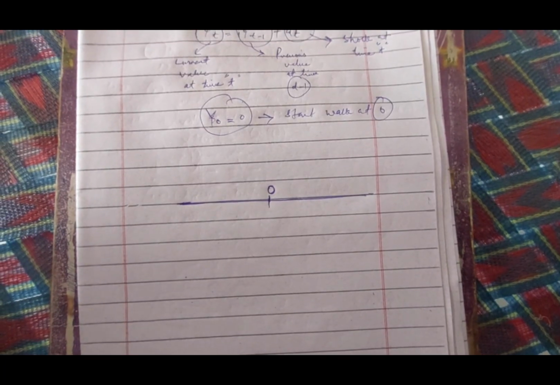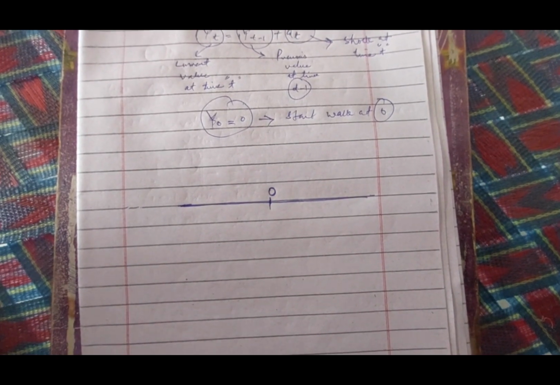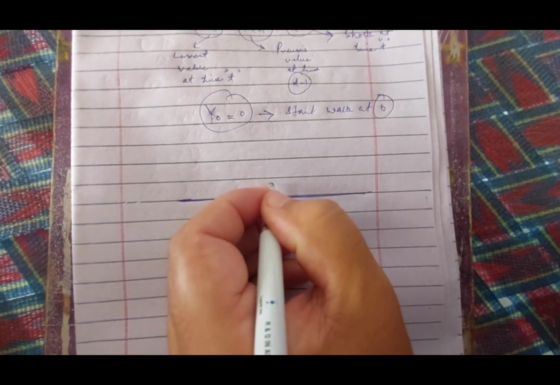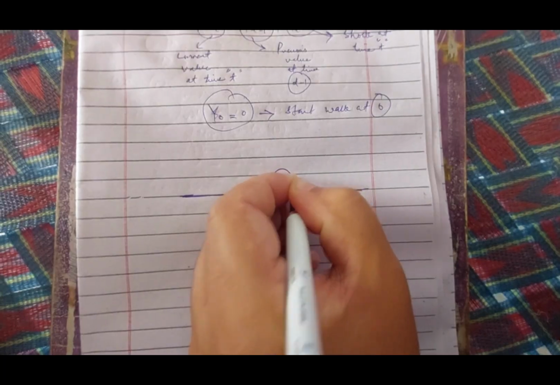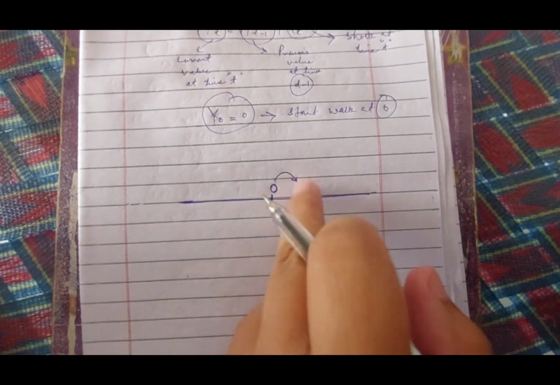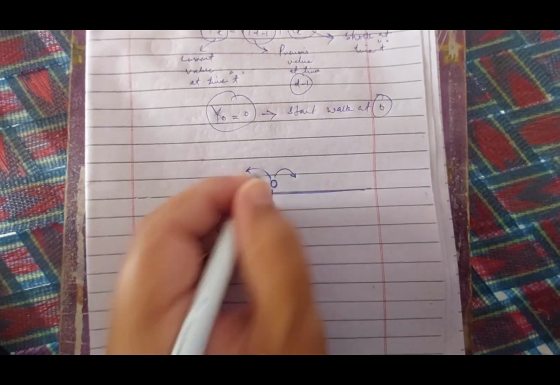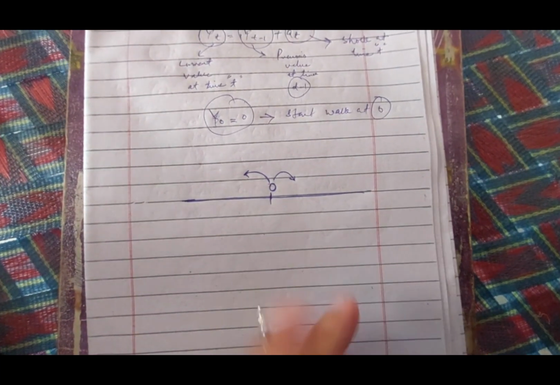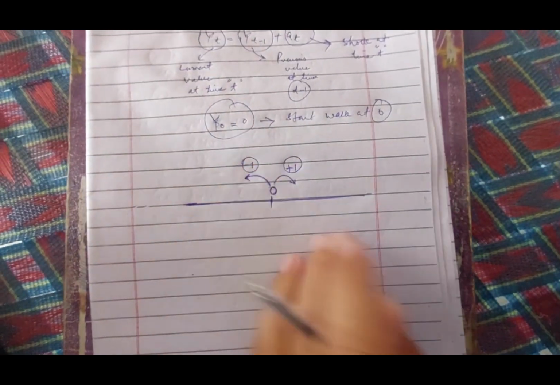So at each walk he has a step. Now here is an equal probability that he will either walk and take a step in this direction or take a step in this backward direction. This is +1, this is -1.